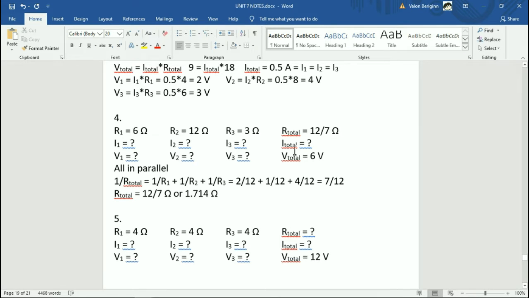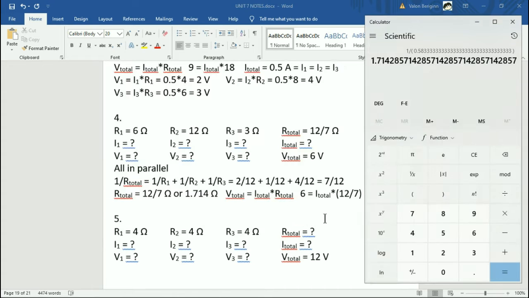So now we have that. Again, we can solve for I total. So 6 equals I total times 12/7. So it's the inverse of this, which is 3.5. Right, yeah, that makes sense.